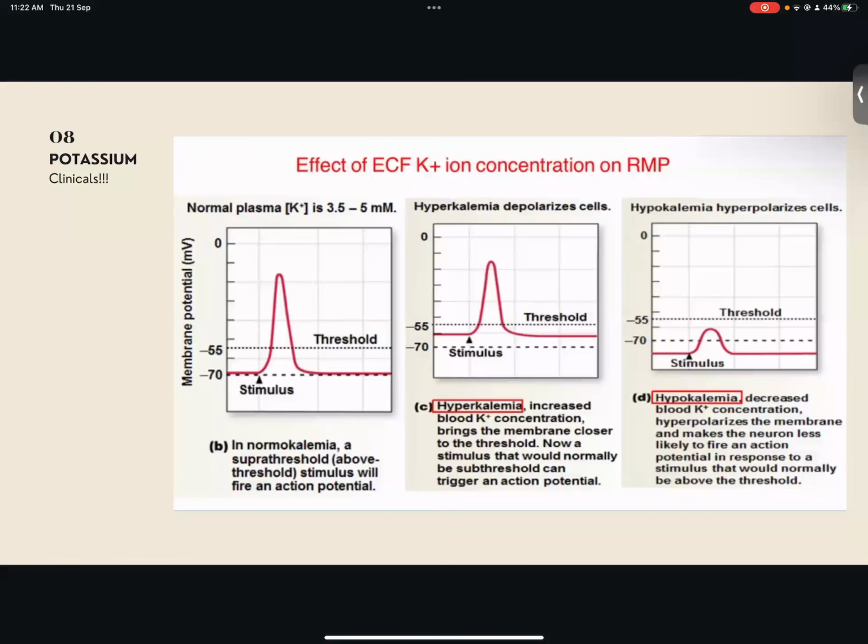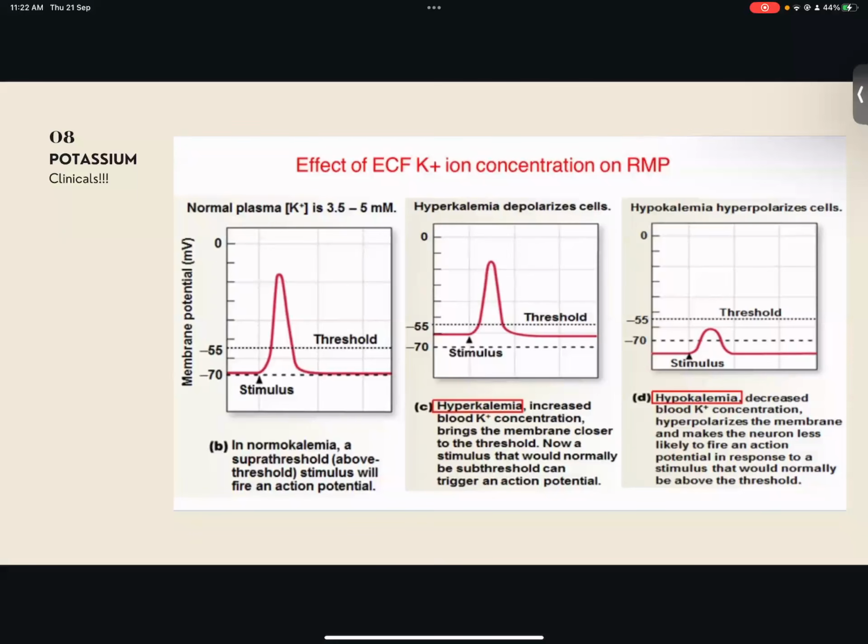Since you have more potassium outside of the cell, there's a larger concentration gradient, which means a larger driving force. That means you will have a greater influx of potassium, and your resting membrane potential will be slightly depolarized. Because you have too much potassium outside of the cell, your driving force will increase for potassium, and so will the magnitude of the influx of potassium, which will make your resting membrane potential slightly more positive than it's supposed to be.